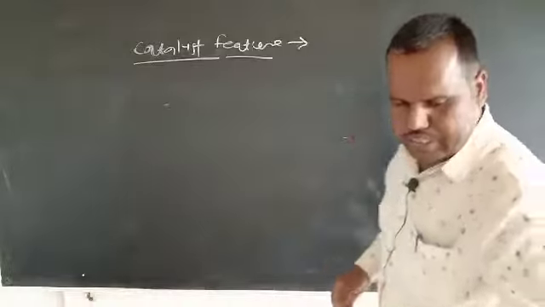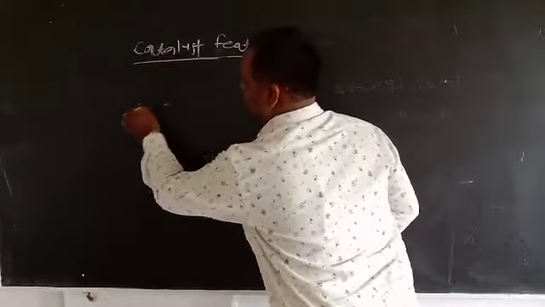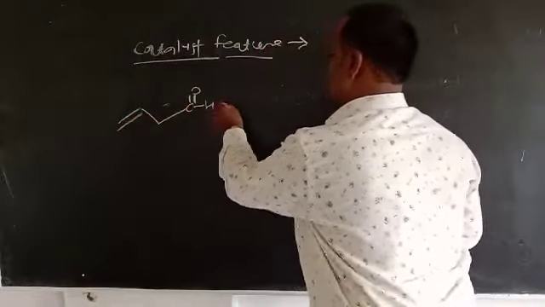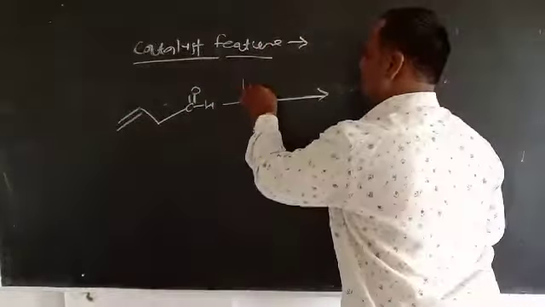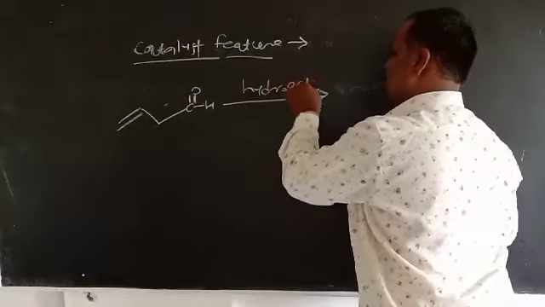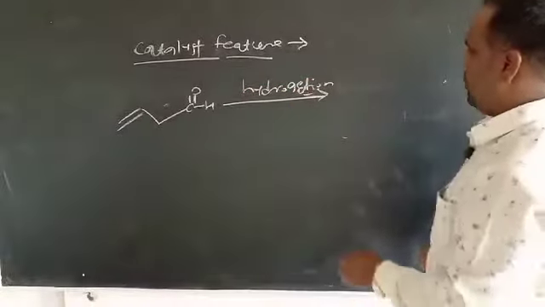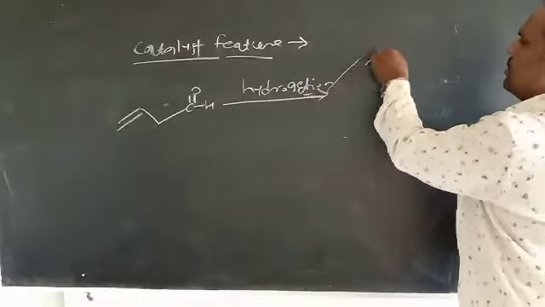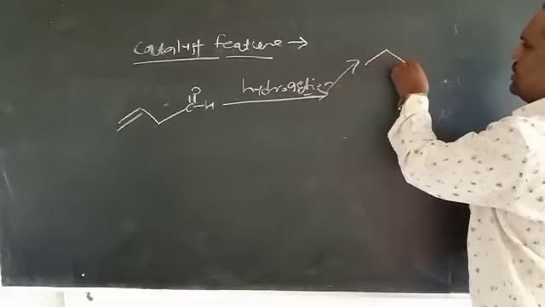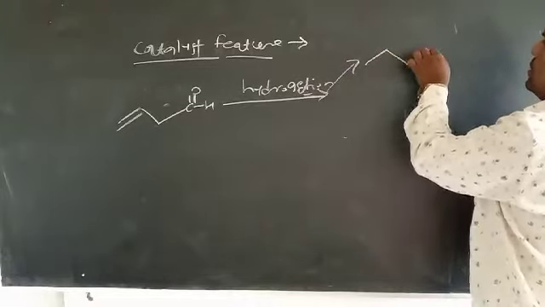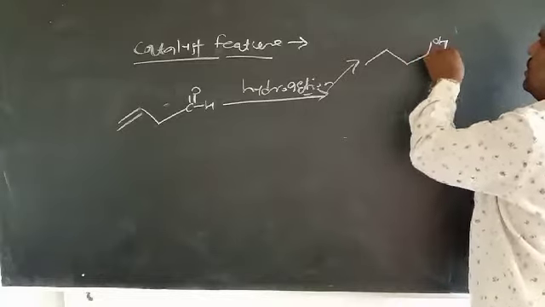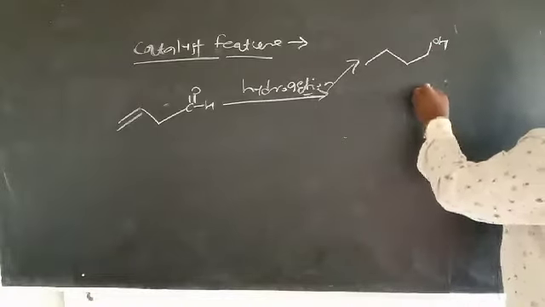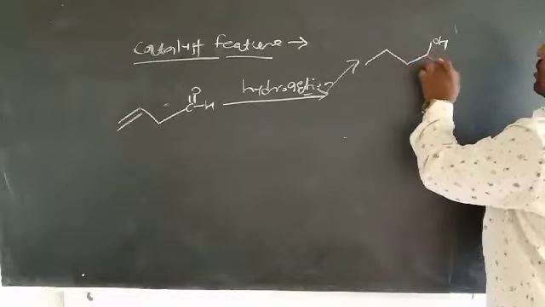Let us see the chemoselectivity. What is this chemoselectivity? Selectivity for functional group. So this is the example: double bond and C double bond O H, which on hydrogenation gives different products. So we get three products. The first one, we get this.